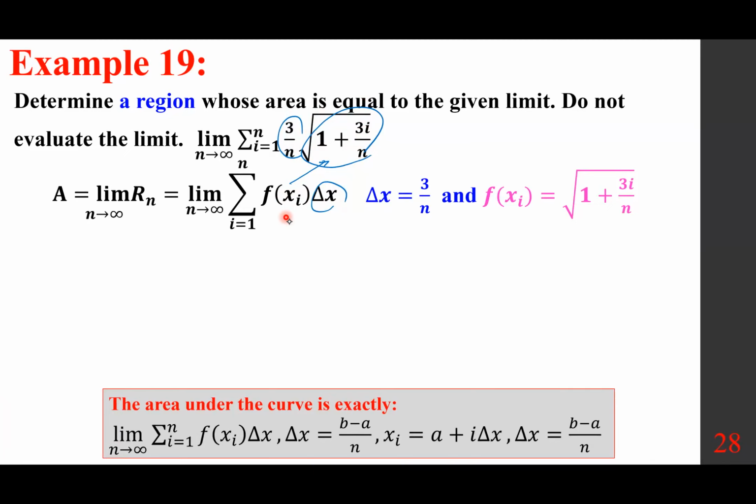Delta x is b minus a over n and equals 3 over n. x sub i is a plus i delta x. We know delta x is 3 over n.